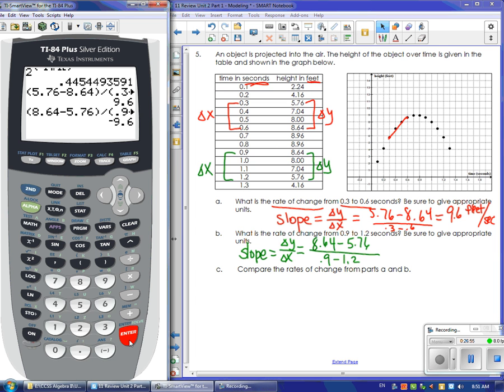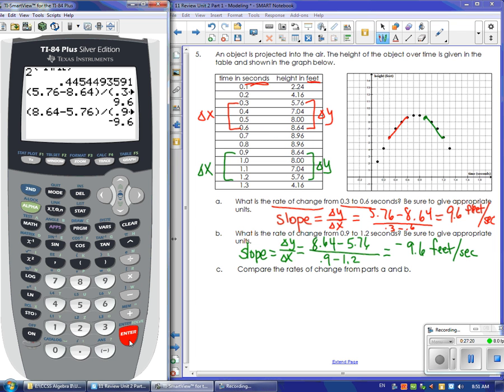And that makes sense because if I'm looking at my time interval from 0.9, it's hard for me to see on my paper, but 0.9 I think is right here, and then 1.2 is right here. And since that's going down, I would expect it to be negative. So negative 0.96, and again, my units are going to be feet per second. It's always going to be the y units over the x units.